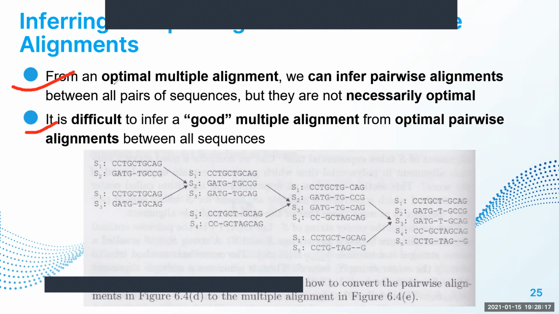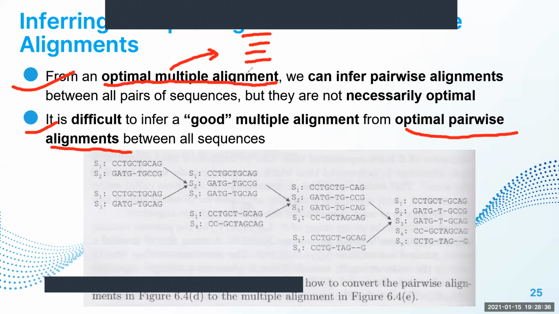So we are considering two different things: optimal multiple alignment and optimal pairwise alignment. Our goal is to get the optimal multiple alignment. Suppose you finally get some optimal multiple alignment.